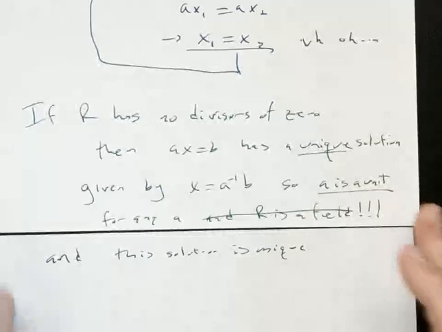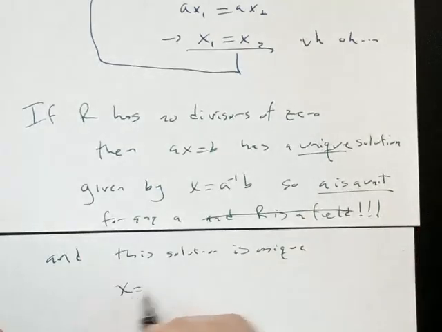So that's a unique solution. X equals A inverse B. So why don't I change the way I write that? Instead of writing A to the negative 1, let's write 1 over A. I've just invented division.